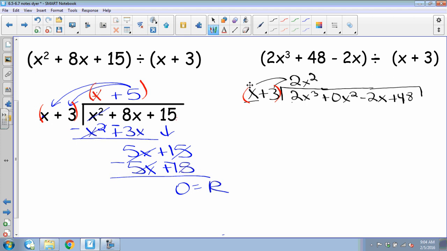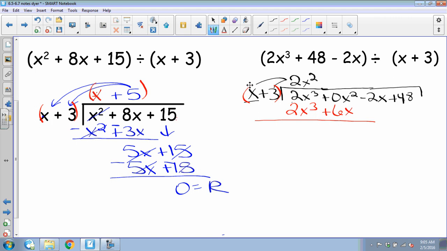If you're multiplying it times x plus 3, that means you're distributing, so you have to multiply both of those terms by 2x squared. So 2x squared times x is 2x to the third. 2x squared times 3 is plus 6x.